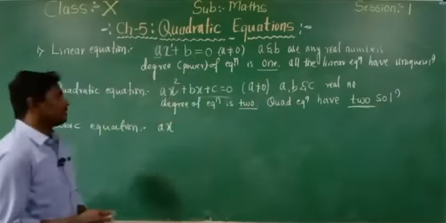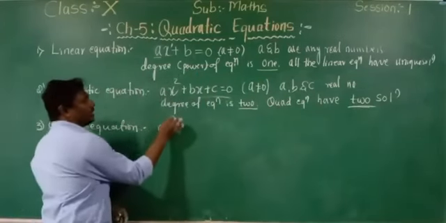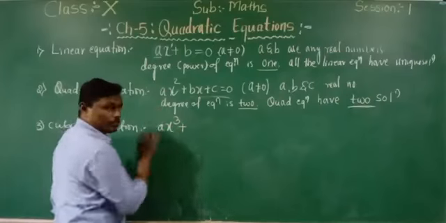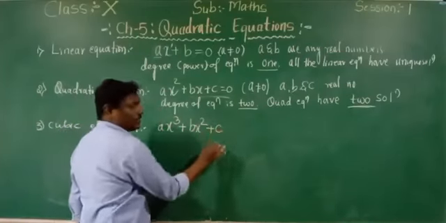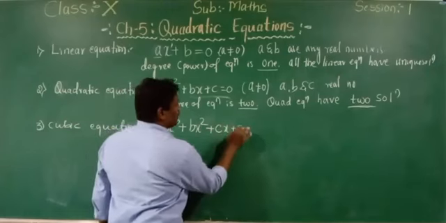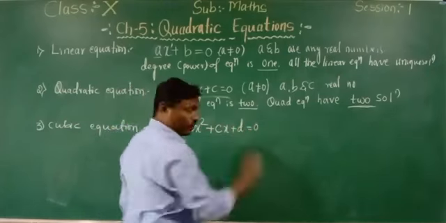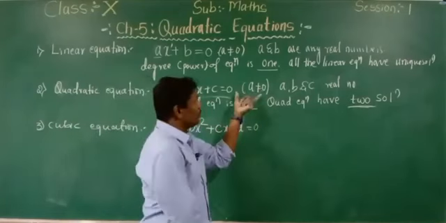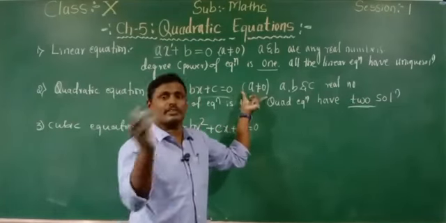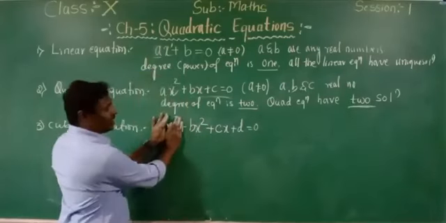It means the standard form of the cubic equation is ax cube plus bx square plus cx plus d is equal to 0. Again, don't neglect these terms. Once a is equal to 0, we are getting a quadratic equation only.